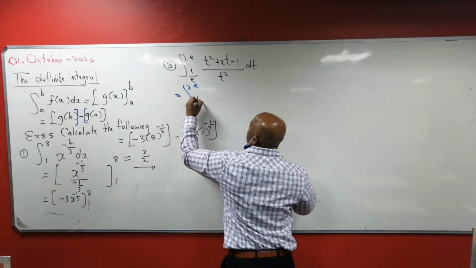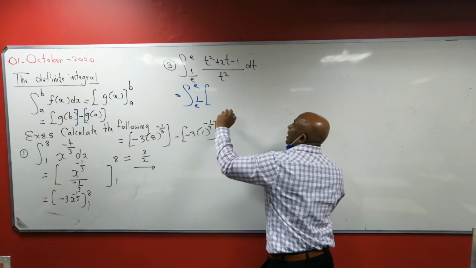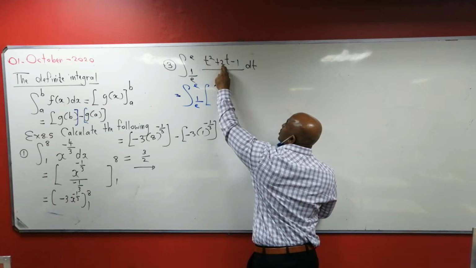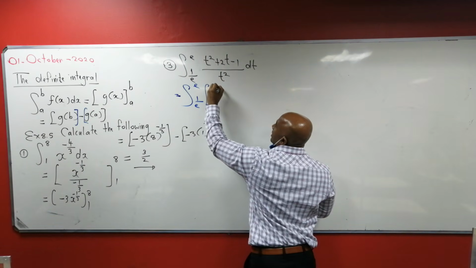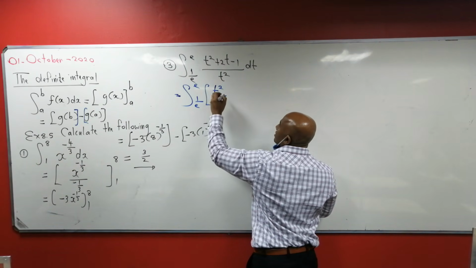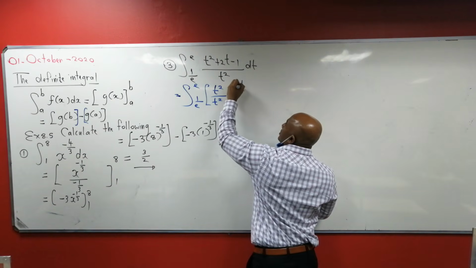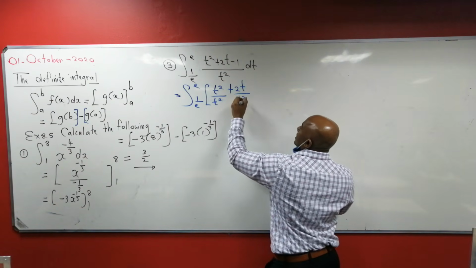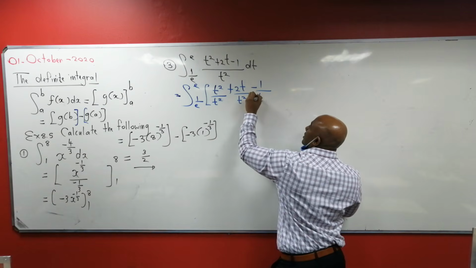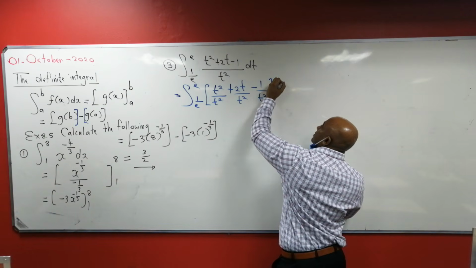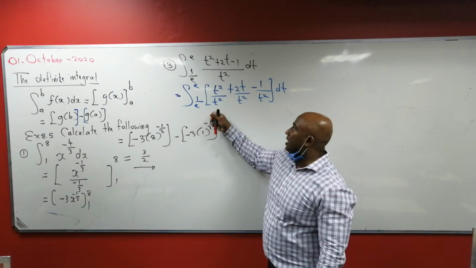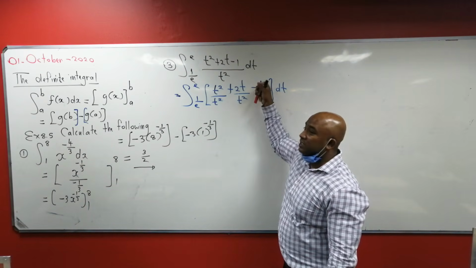So I got my e, this is 1 over e. I can separate this into 1, 2, 3 fractions. So that will be t squared over t squared plus 2t over t squared minus 1 over t squared. It's like x squared over x squared plus 2x over x squared minus 1 over x squared.